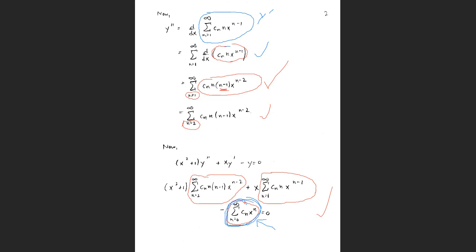If it were -1, then your power series would look like a sum of C sub n times x minus -1 raised to the nth power.